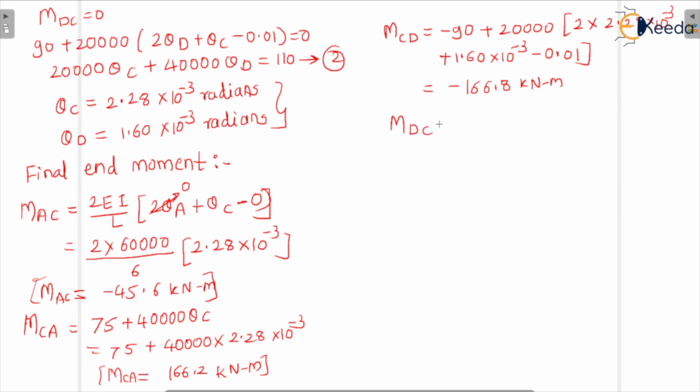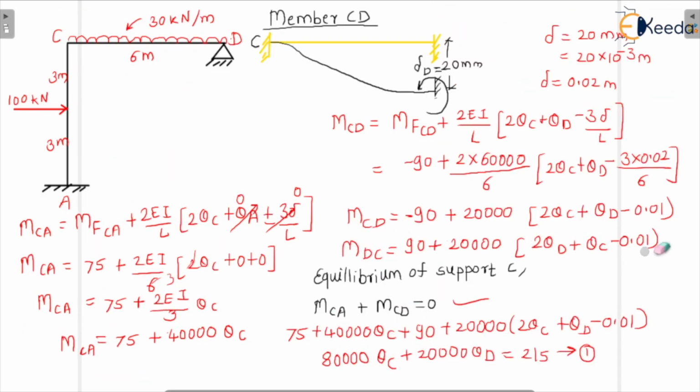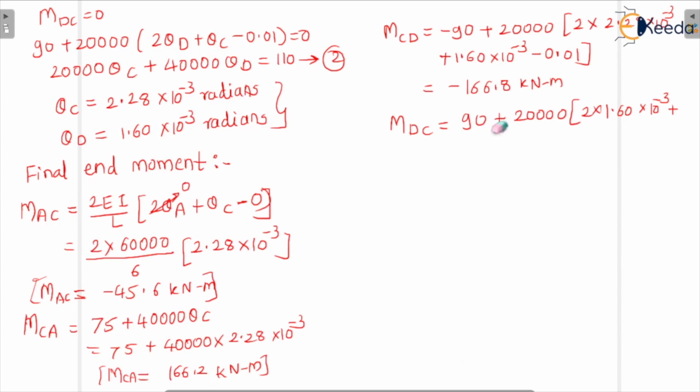Then M of DC is 90 plus 20,000 into 2 into theta D, 1.60 into 10 to the power of minus 3, plus theta C, 2.28 into 10 to the power of minus 3, minus 0.01.